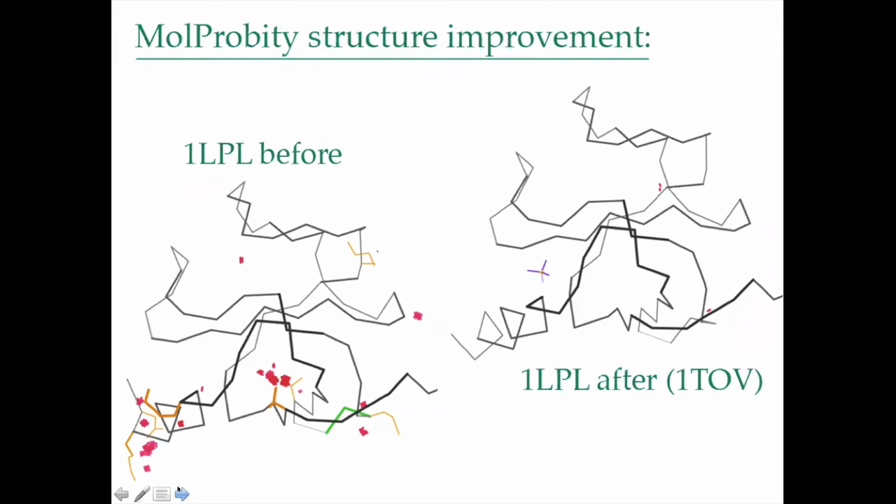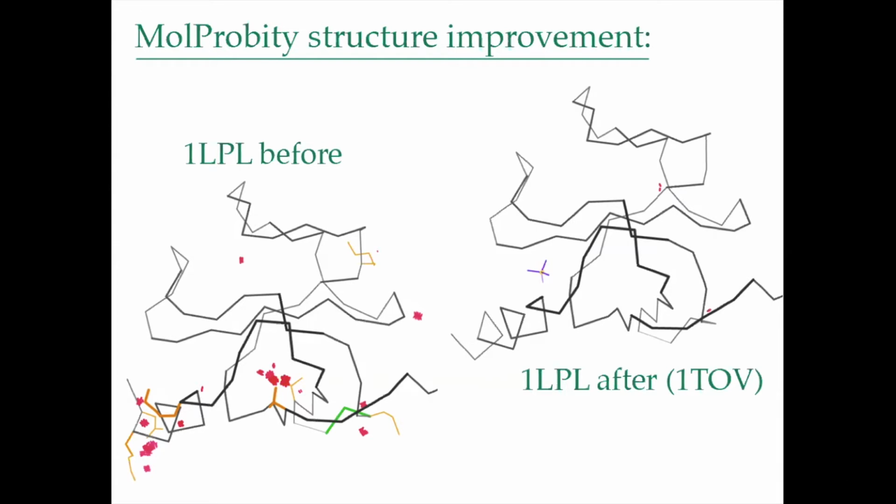And for instance, here's just one example where there were a bunch of clashes and waters that really were ligands and so on. A lot of changes here, particularly in this region. And the result of fixing these things, actually in this case, it lowered the R free by 4%, but that's unusually good for that. But this is clearly an improvement.